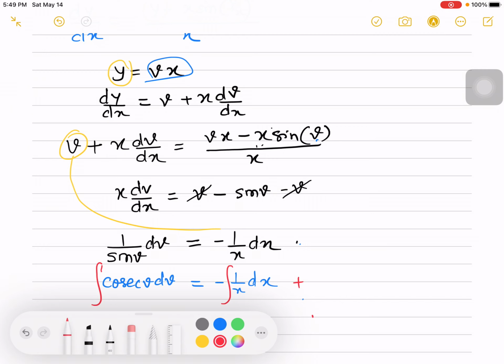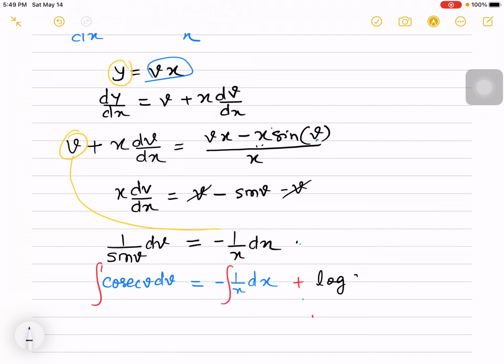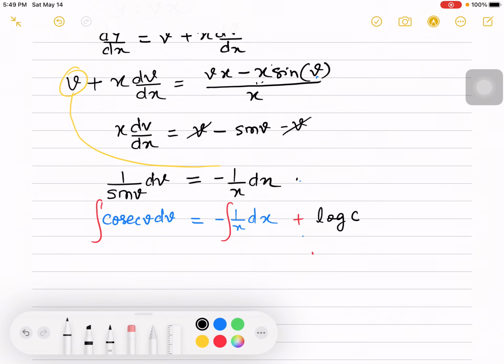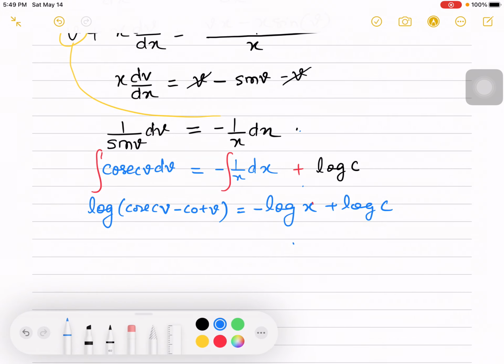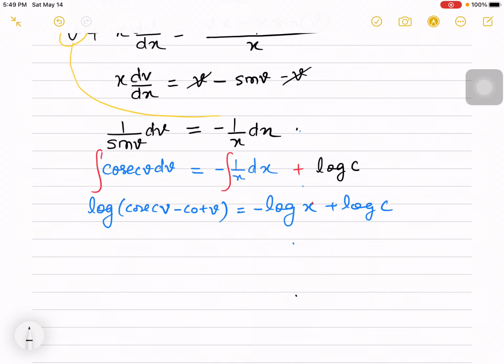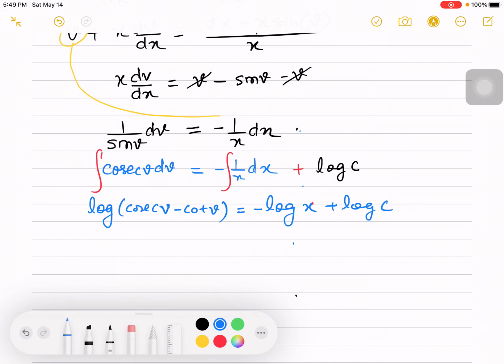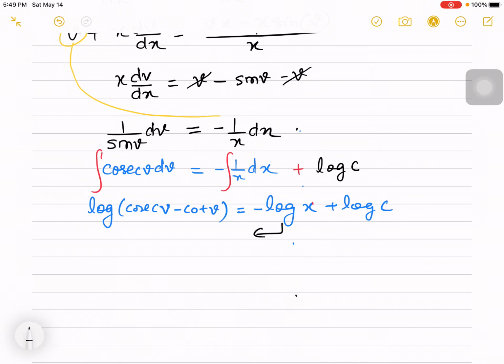Because on both sides we will get log, we can use the constant as log c. The cosec integration we have already derived: the integral of cosec v is log of cosec v minus cot v, and the integral of 1 upon x is minus log x, and we will use log constant because c will be used as a.